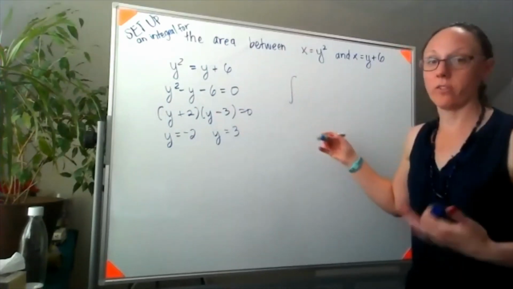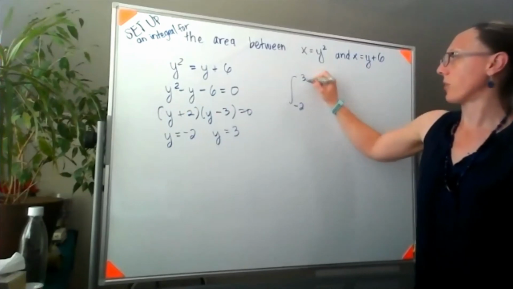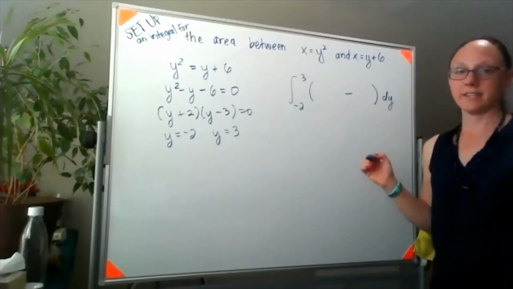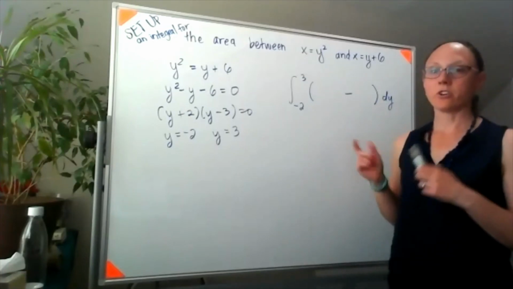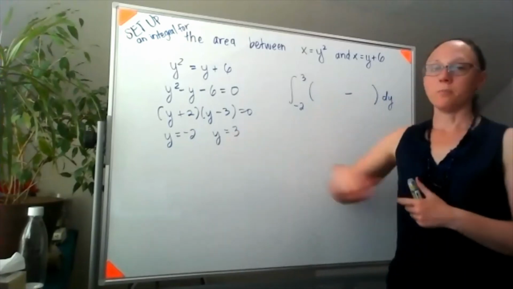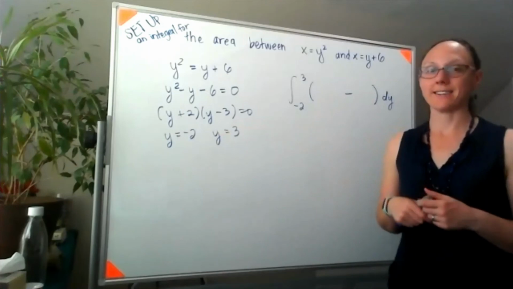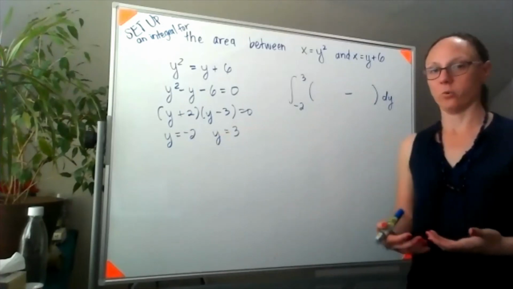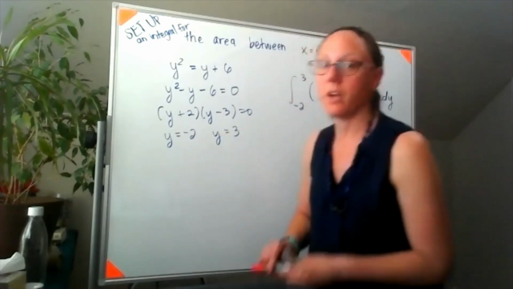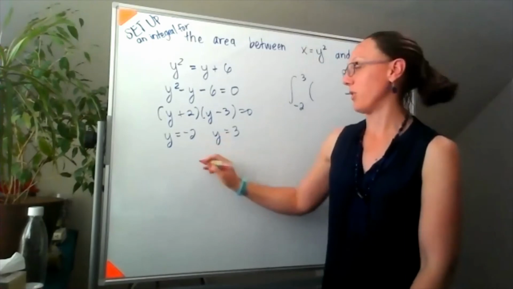I already know now that I can start setting up my integral. I'll be going from -2 to 3 dy. Now in terms of our right minus left, what that's going to mean here is we need to know which of these functions has the larger x value when we choose a number between -2 and 3. I'm going to choose 0 because it is between -2 and 3.